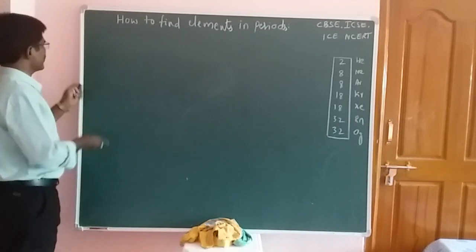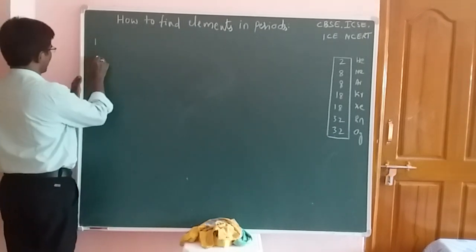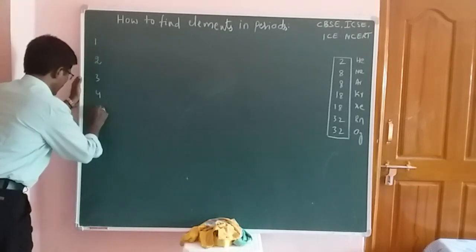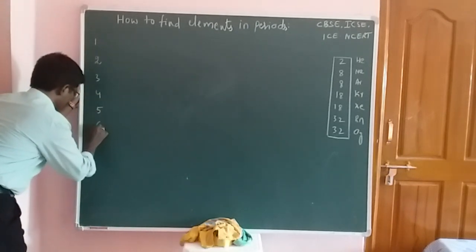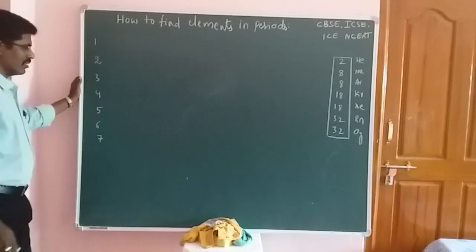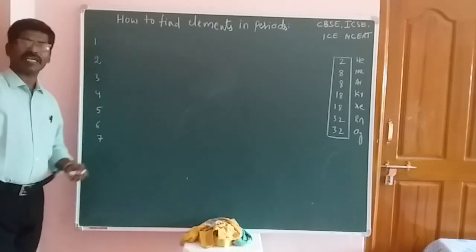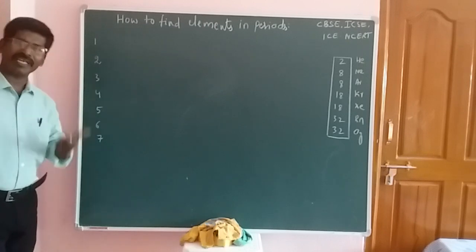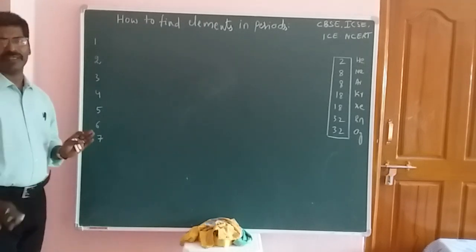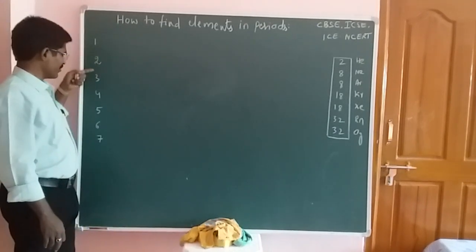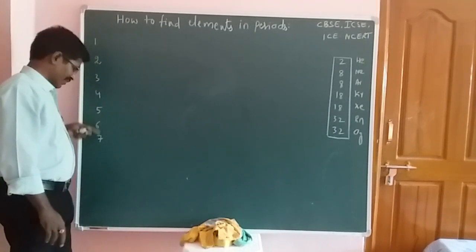First period, second period, third period, fourth period, fifth period, sixth period, and seventh period. These elements are arranged in 7 periods and 18 groups, we know already.